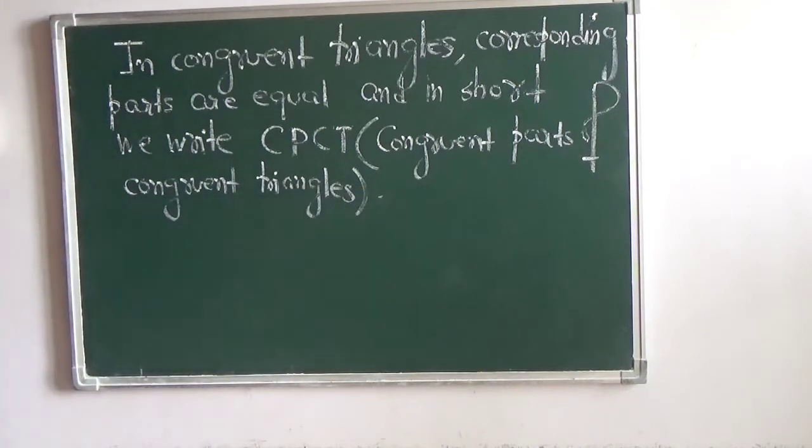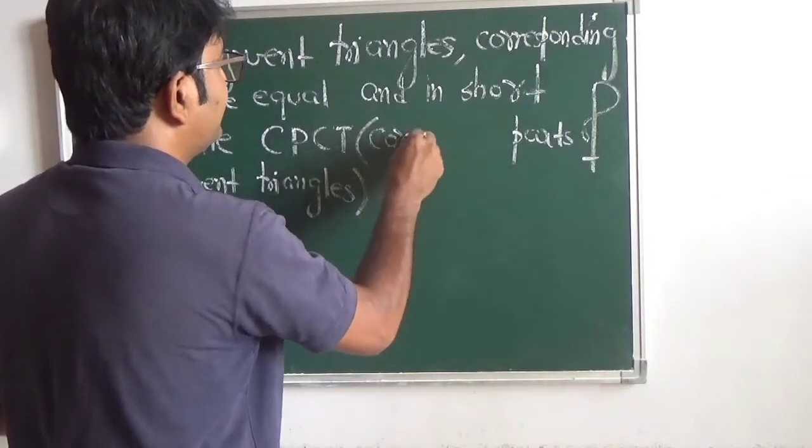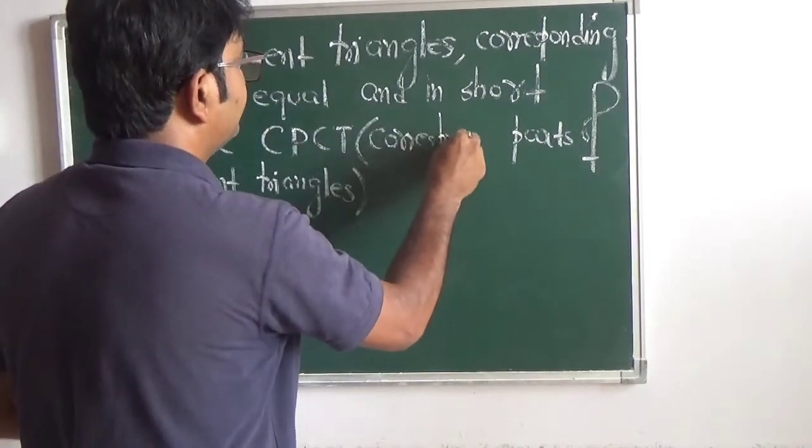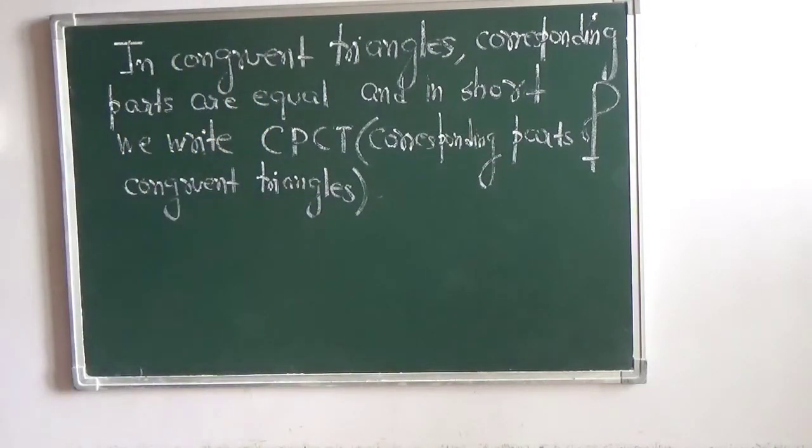So in short we write the corresponding parts of the congruent triangles, and we represent it as CPCT.